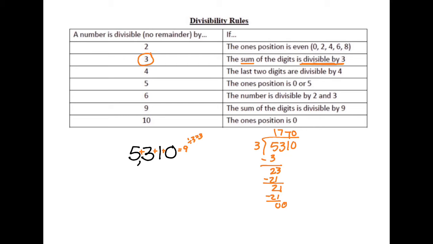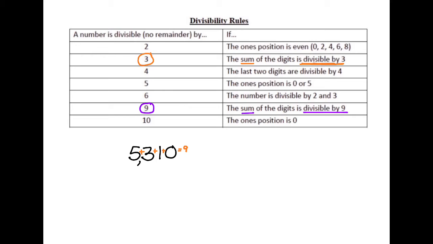But they're not asking you to do that. They just want a yes or no in most cases. Let's skip down and do 9. The sum of the digits is divisible by 9.